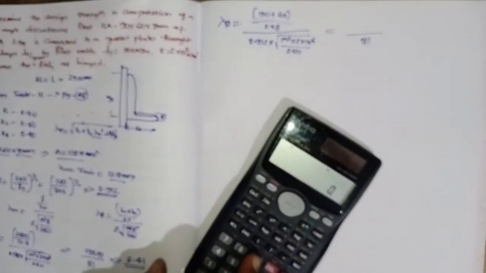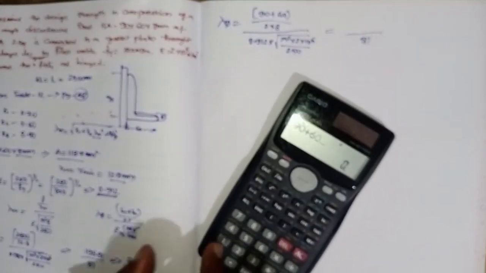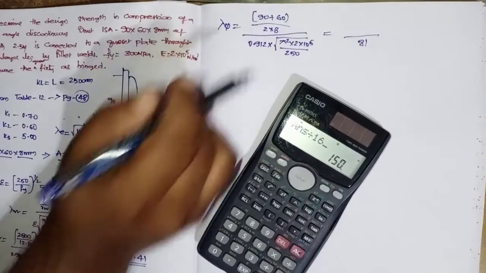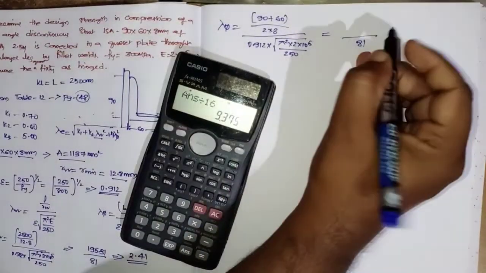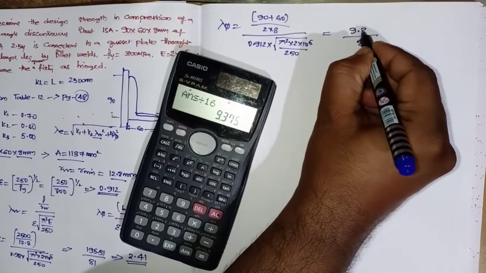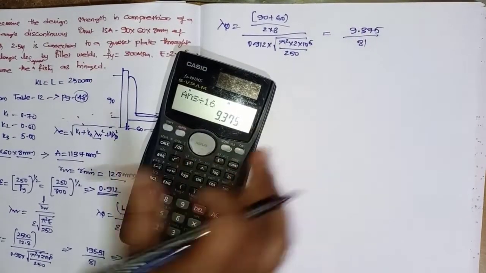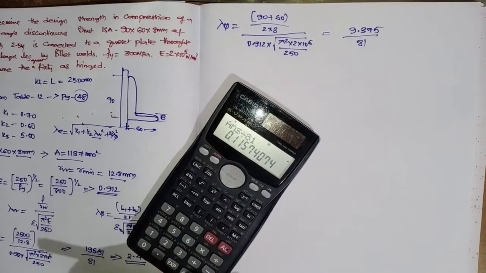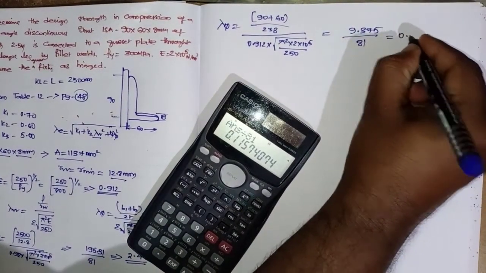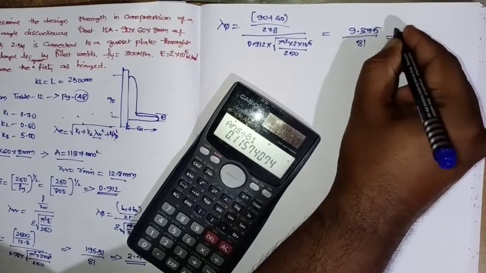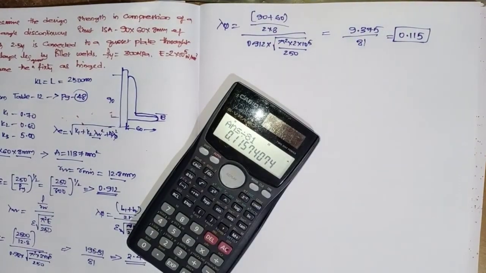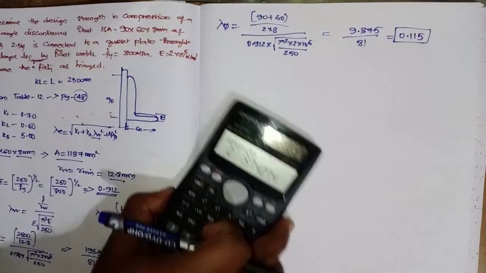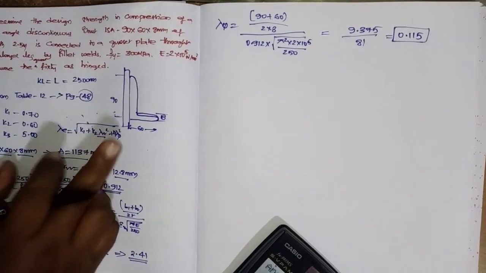So B1 plus B2, 90 plus 60, divided by 16, because 2 into 8 is 16. So how much is it? 9.375. Okay, 9.375 divided by 81, so you get 0.115. So you got lambda Vb and lambda phi, and you got everything: k1, k2, k3.